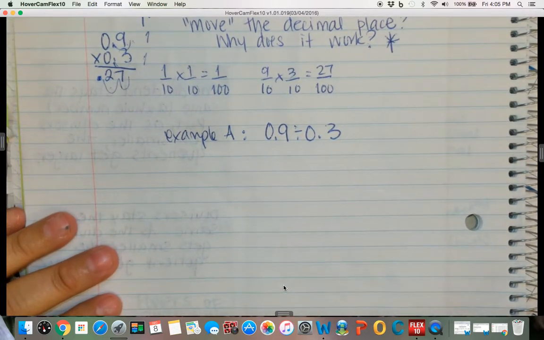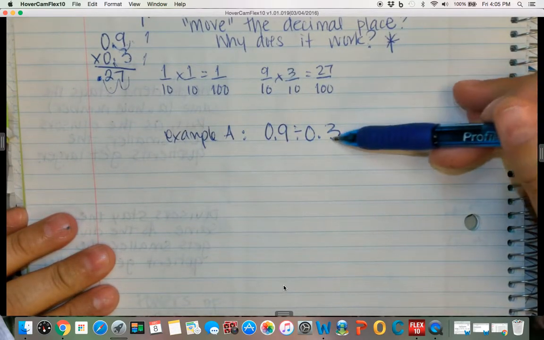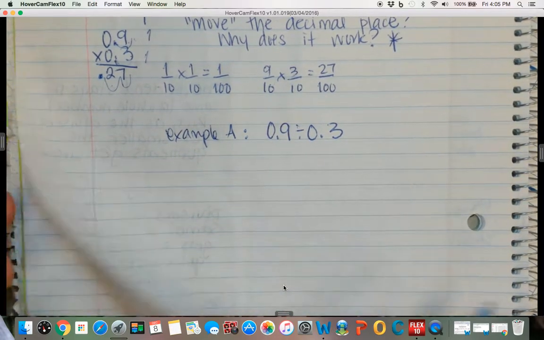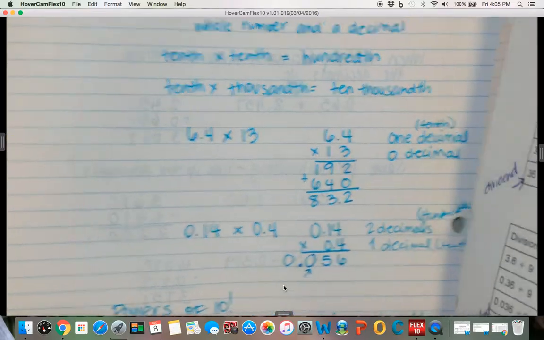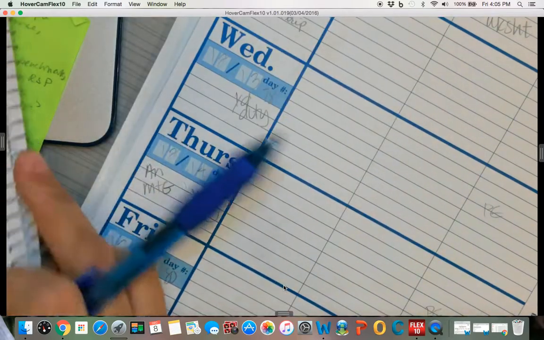I have 9 tenths divided by 3 tenths. And what we saw over on this other side is that if I'm dividing a tenth by a tenth, I get a whole. And we're going to see if that really works.